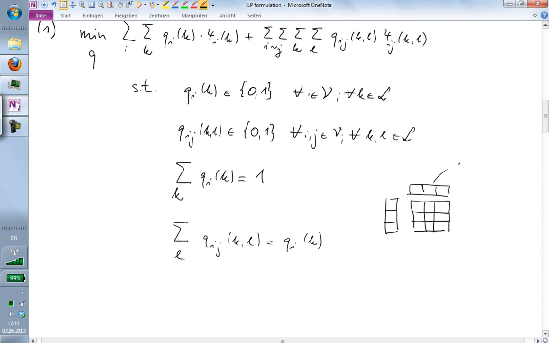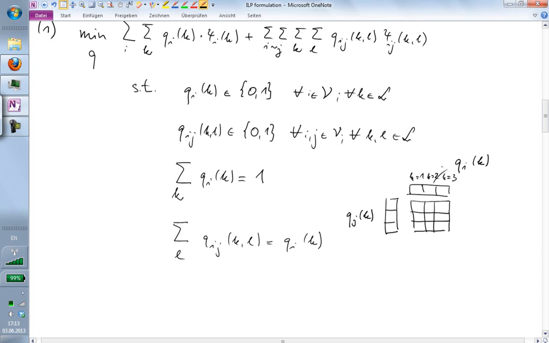So let's say this is the vector qi of k, where here k was 1, k was 2, k was 3. And similarly, this is qj of k.